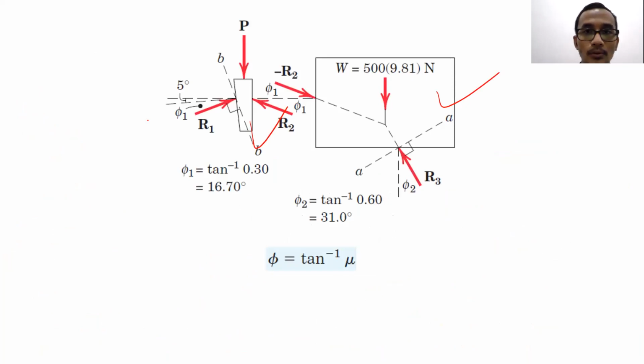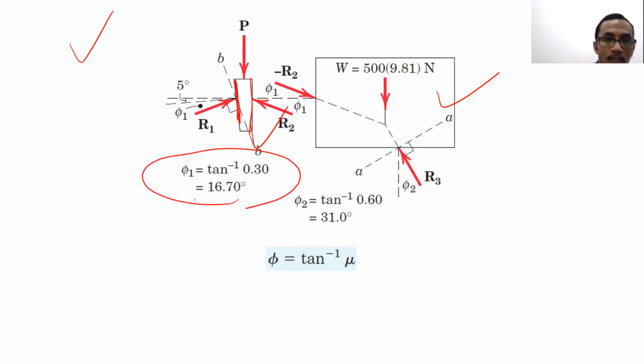But if you want to draw it like this, the first thing that you're supposed to calculate is the angle phi. The angle phi there depends on the mu you use. So for this surface and this surface, we have to use mu of 0.3. That's why the phi there is arctangent of 0.3, which is 16.7 degrees.